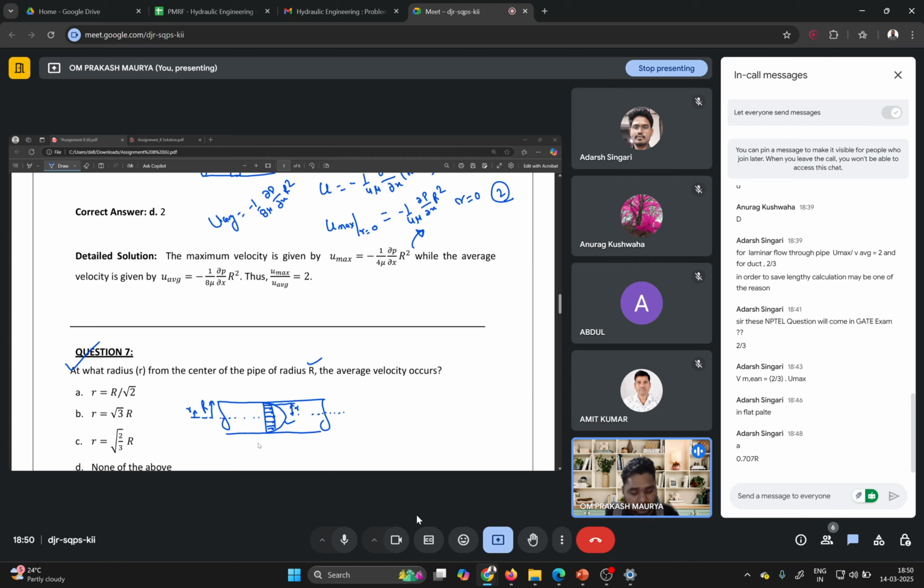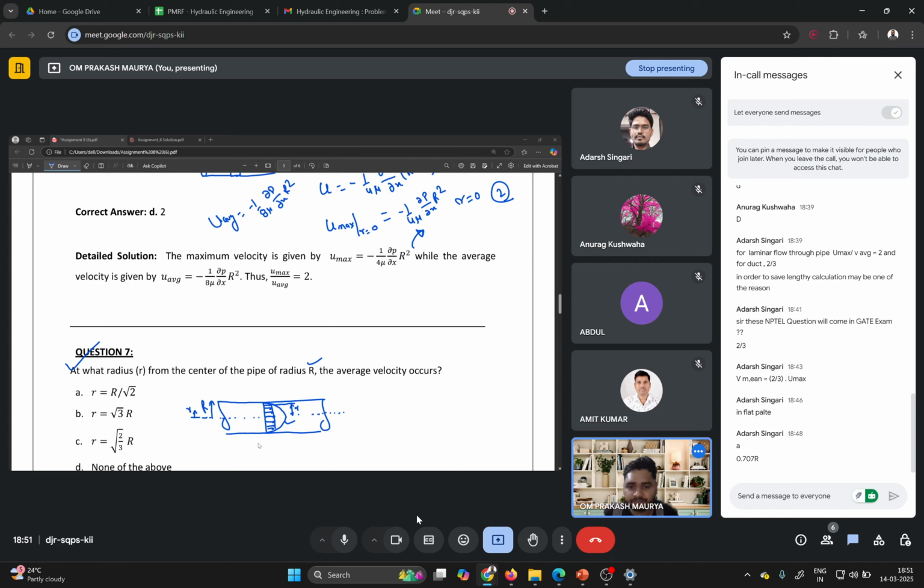These questions will help you a lot in your GATE exam. If you are targeting GATE, you need to solve previous year questions, not only fluid mechanics, all subjects, at least the last 10 years, or as much as possible, at least 3 to 4 or 5 times. Then you will get very clear.